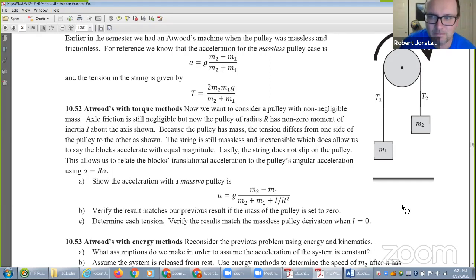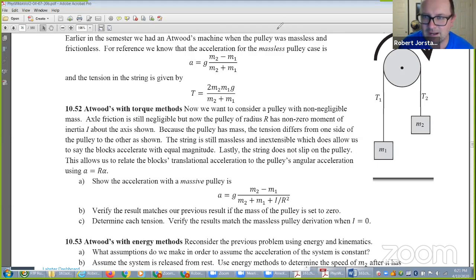In this problem, the blocks are connected by a string and they're accelerating at constant rates. We have a situation here where the torques are not changing because this one is being applied right here, and this one is being applied right here. We expect this thing is rotating this way, but the center of mass isn't changing.